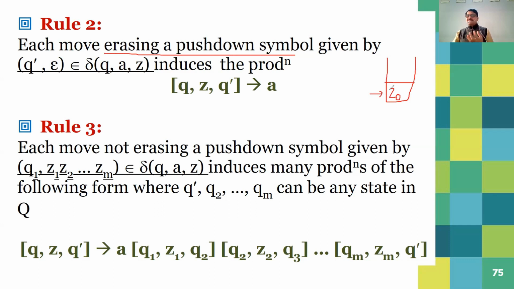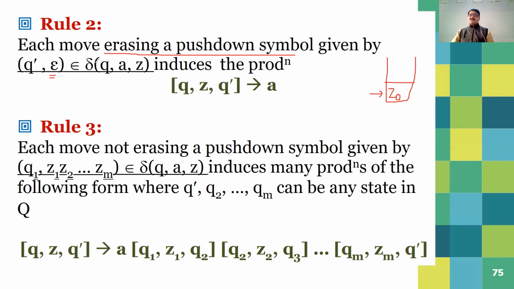This is the simple operation, the erasing operation, right? So in this situation, suppose the transition function is given to you as delta(q, a, Z) equals (q', null), means you are not pushing anything into the stack.